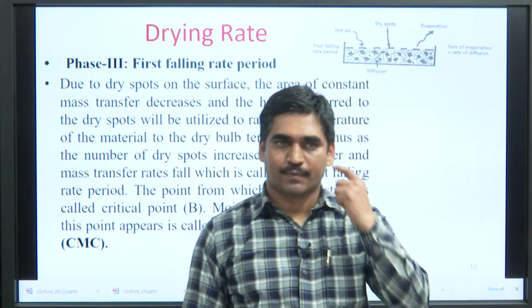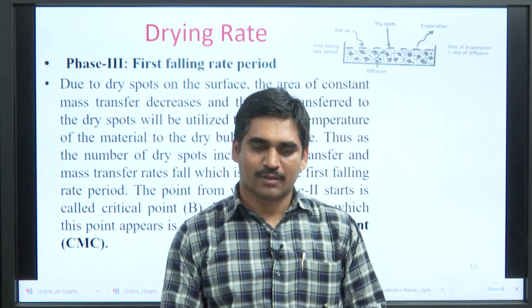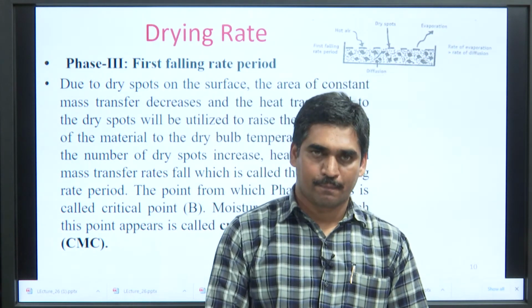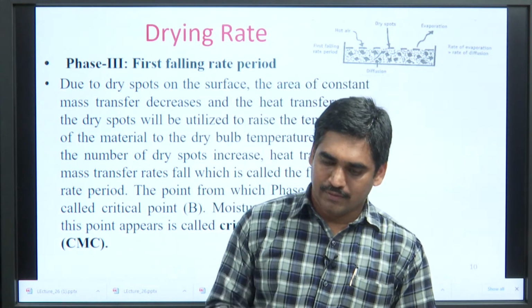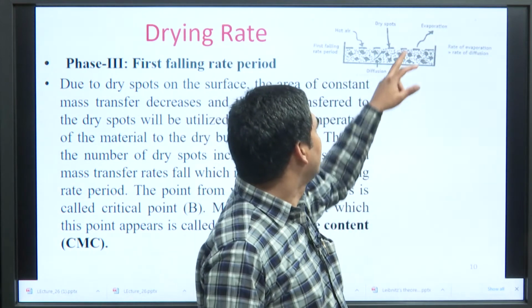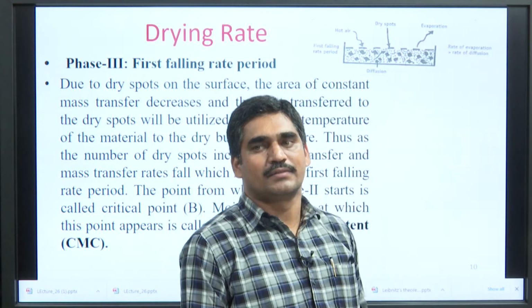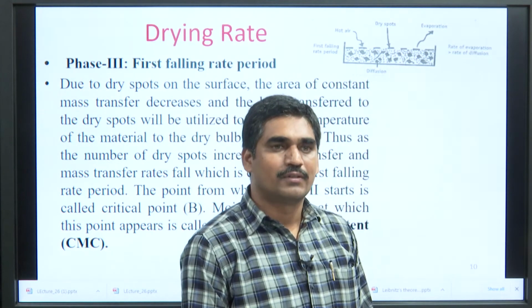Phase 3 is called the first falling rate period. As you see in the diagram at this position, the rate of evaporation is greater than the rate of diffusion.